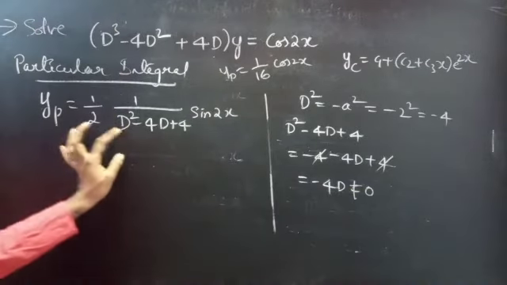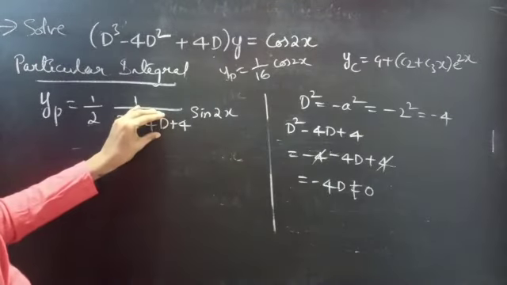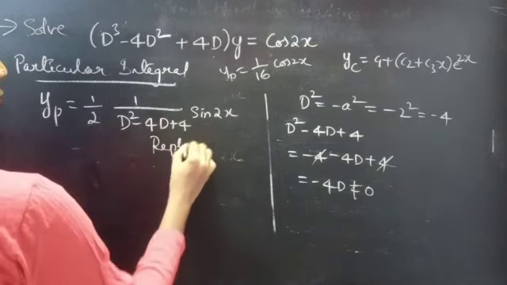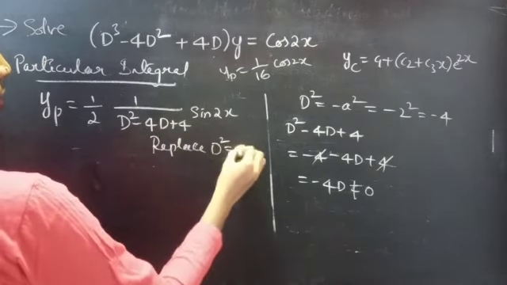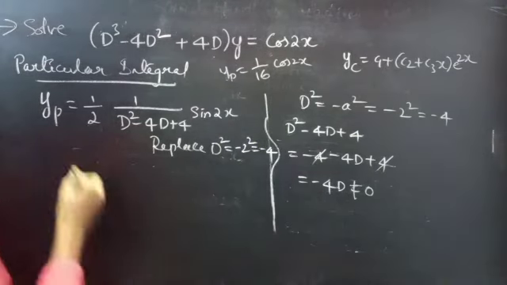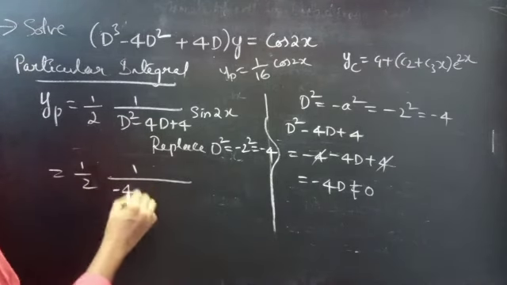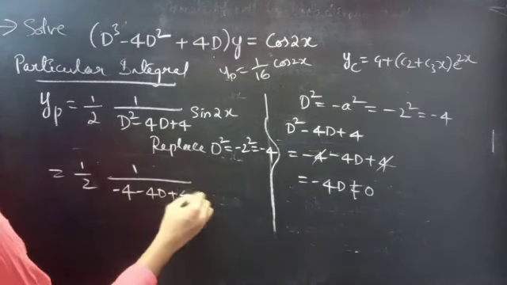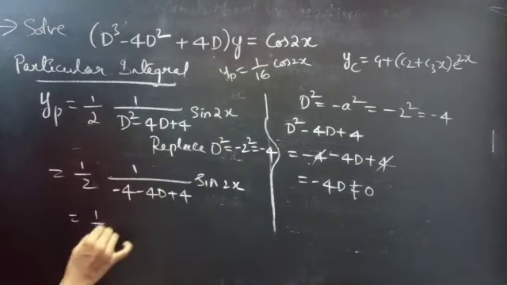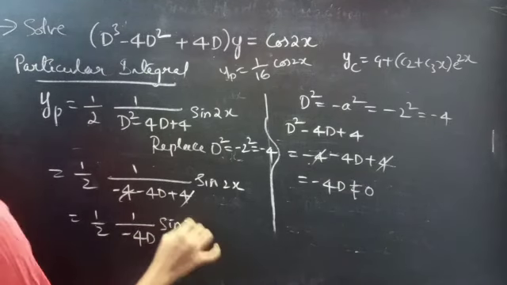Since by replacing D square by minus 4 we get a denominator that is not equal to 0, we can replace D square by minus 4. Then this becomes minus 4D. I'm writing the same steps. Sin 2x is equal to 1 by 2 into 1 by minus 4D sin 2x.